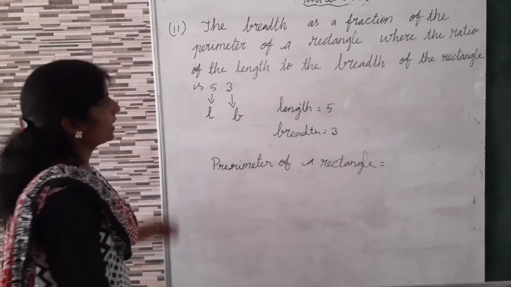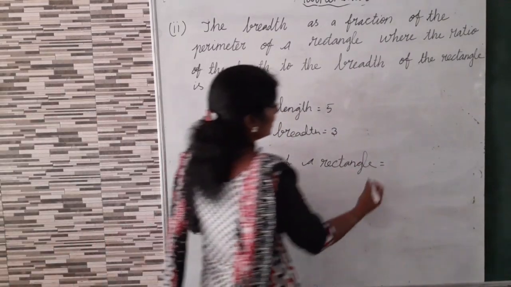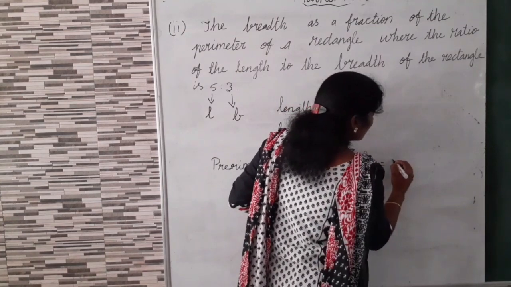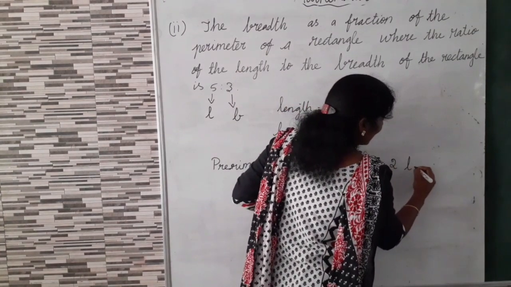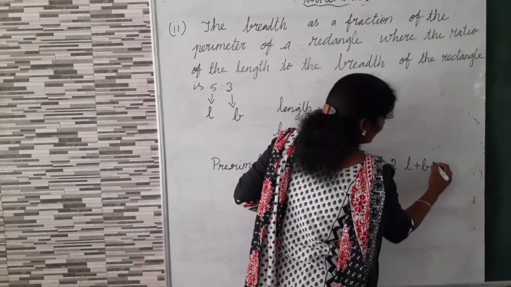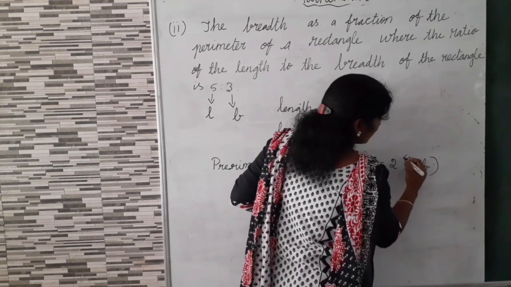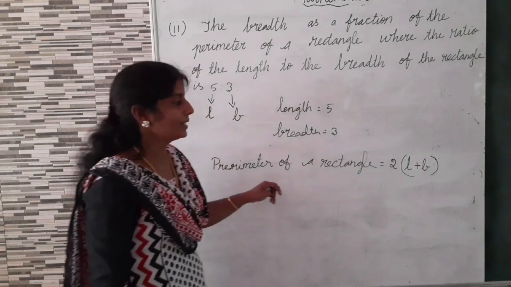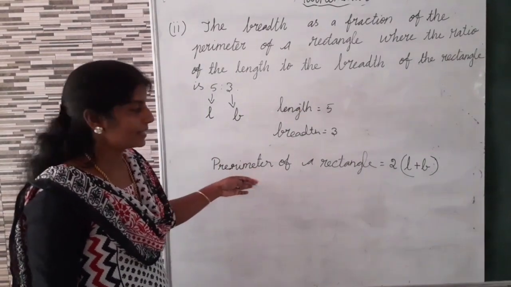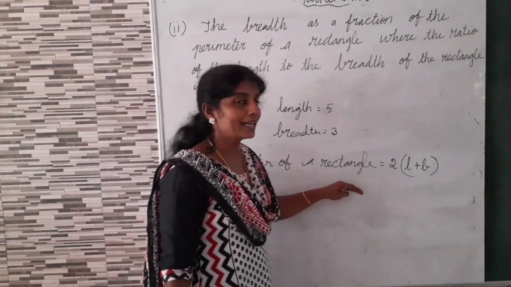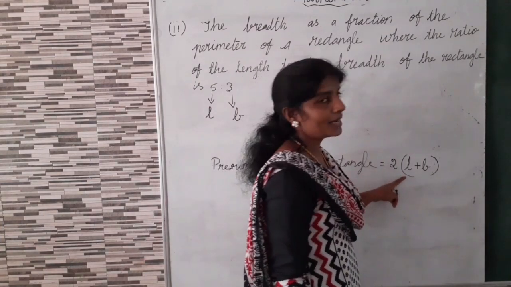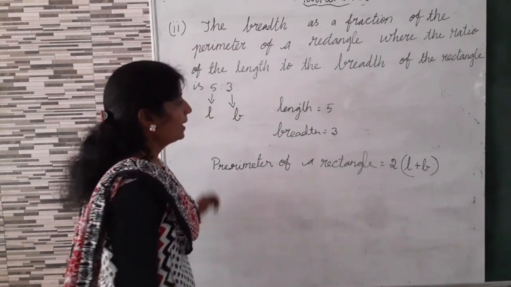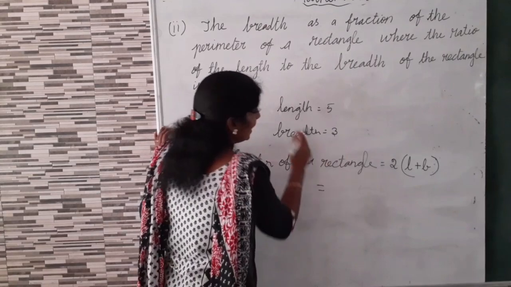Perimeter of a rectangle formula is 2 into L plus B, isn't it? Already we learned it in the previous year. Now what's the perimeter of a rectangle? 2 into L plus B. Here, what is L? Length.